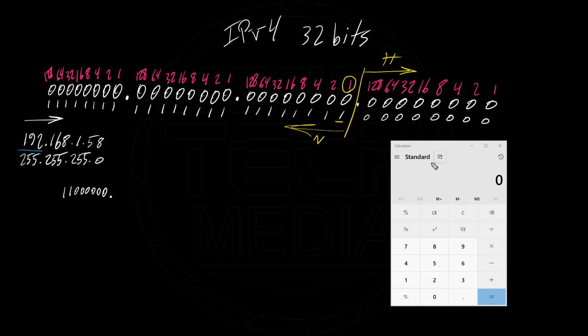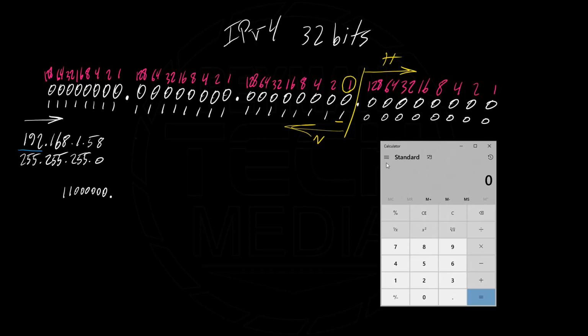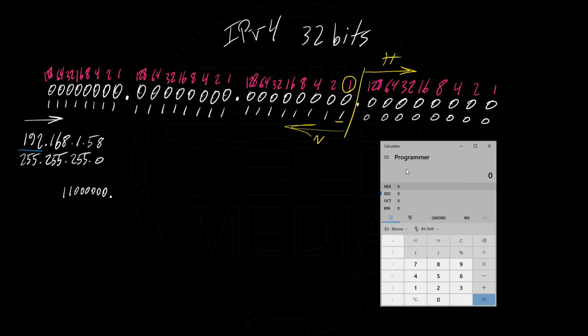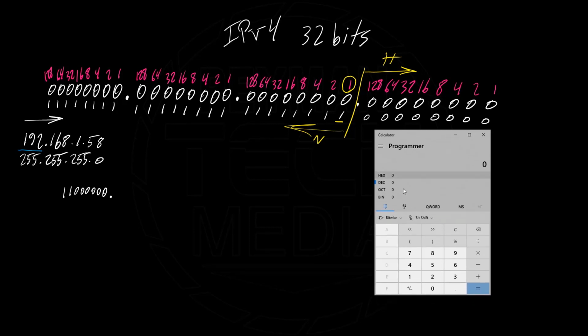Let's use the calculator. We need to change the standard view to programmer view, making sure decimal is selected, which it is. So writing down 168, and here we can see the binary is 10101000.